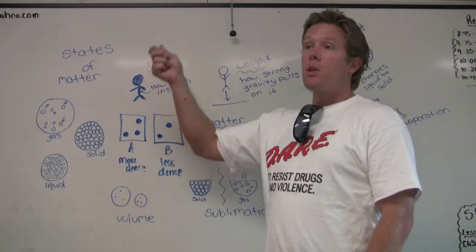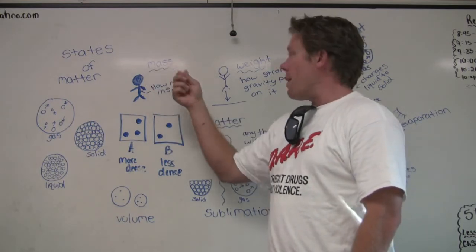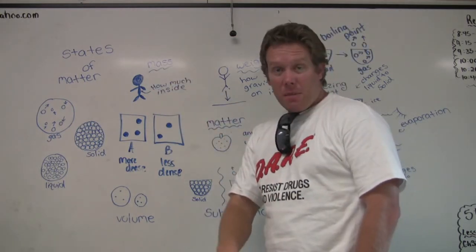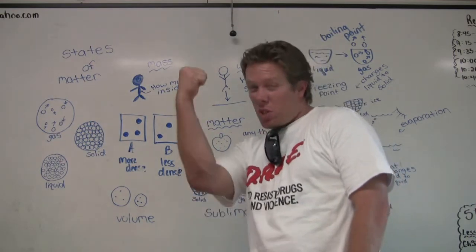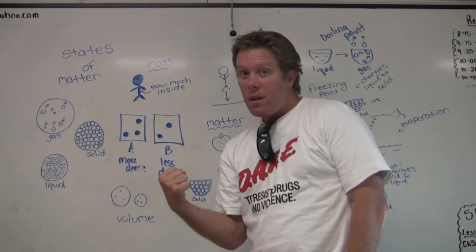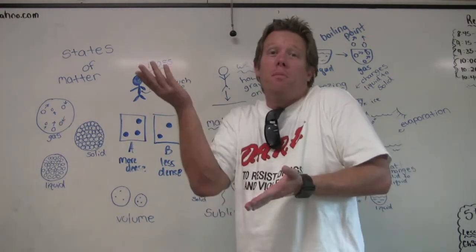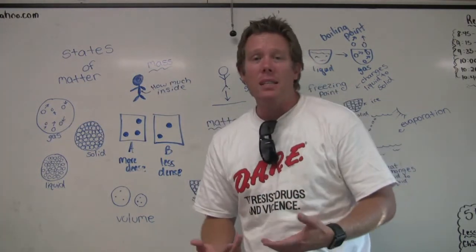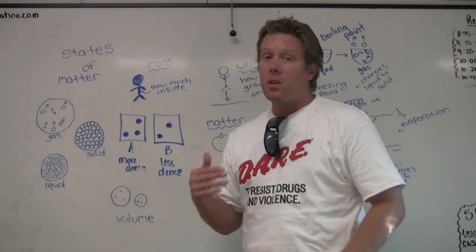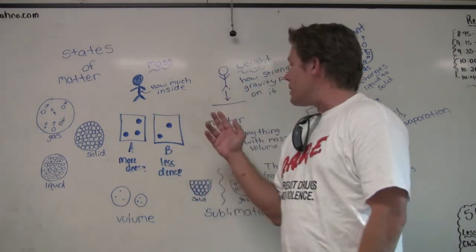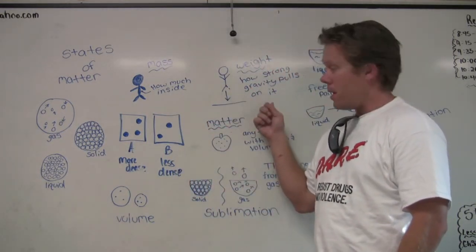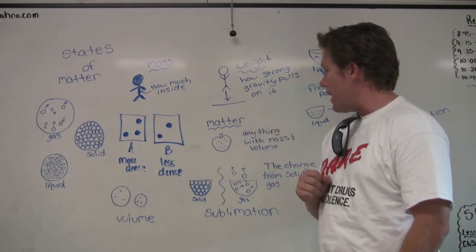If I go up to the moon, I may weigh a lot less because gravity isn't as strong, so it's not pulling down as hard. But I still have the same mass inside. It's still me up at the moon or on Earth. My insides don't change. So my mass will be the same, but my weight will be different. That's crucial to keep in mind.